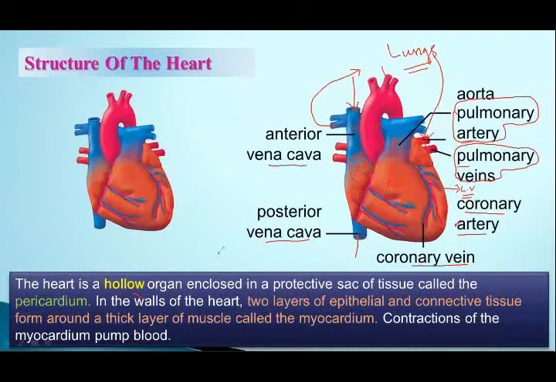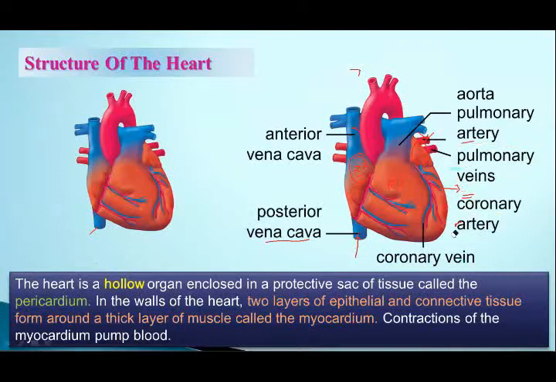Now, have a look at this very important point. It is trying to explain that the heart is a hollow organ which is enclosed in a protective sac of tissue called the pericardium.